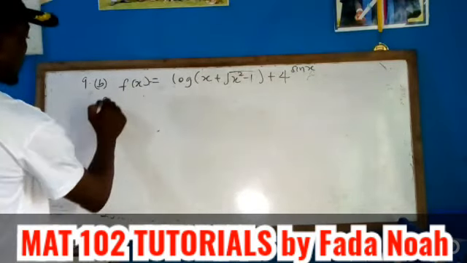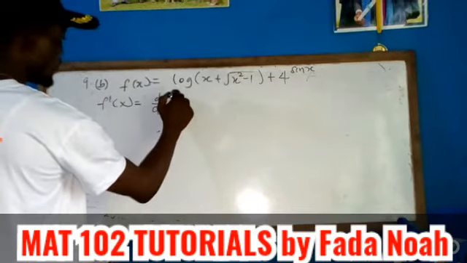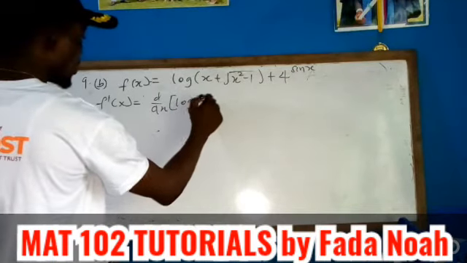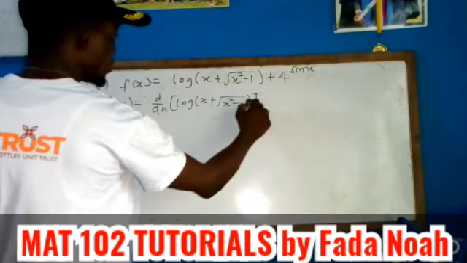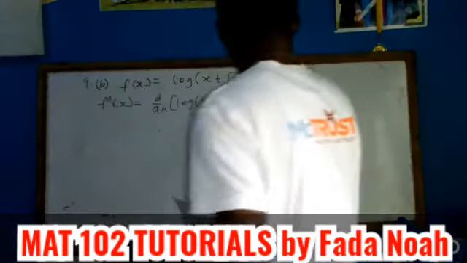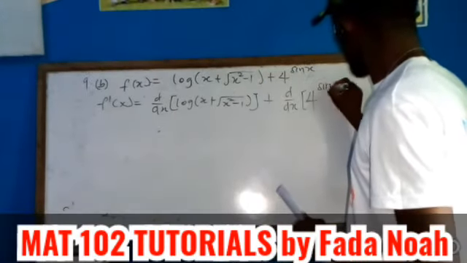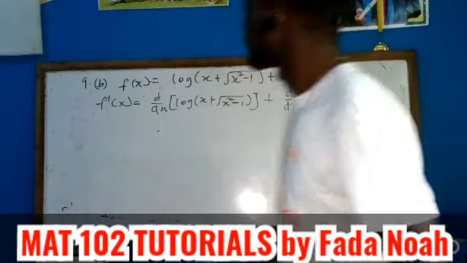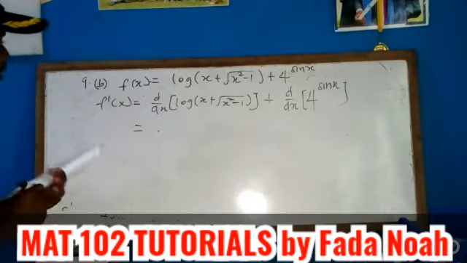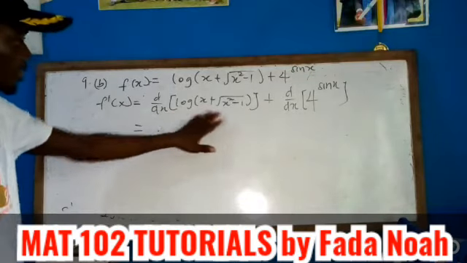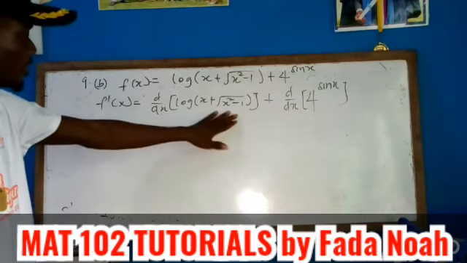So we write f prime of x is equal to d dx of log of x plus square root of s squared minus 1, plus d dx of 4 exponent sine x. So here we have the derivative of log of a function, and we know a rule for finding this.